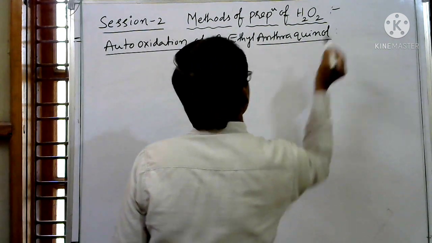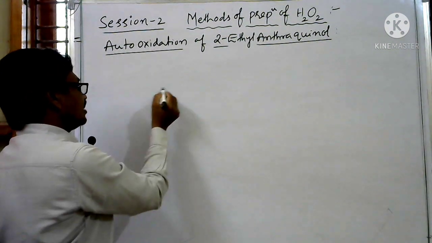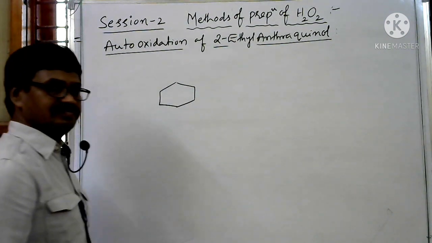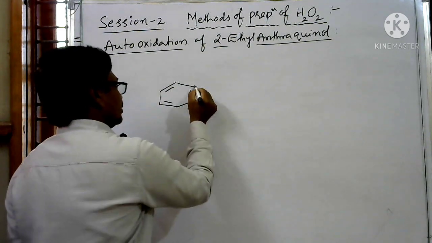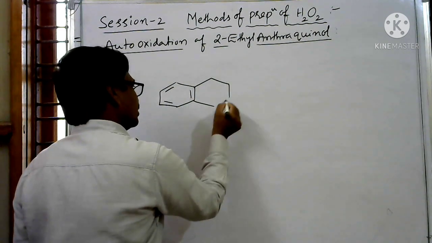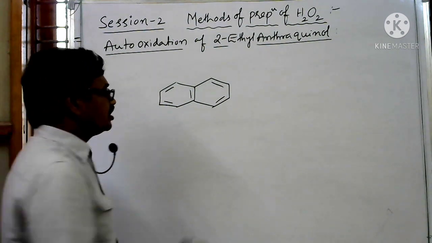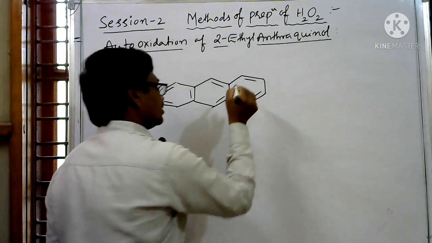First of all, you should know, here I am writing information related to anthracene. Anthracene is this compound. This is benzene, with alternate double bonds. If you write two benzene rings in this way, this is naphthalene. One more ring like this is anthracene.